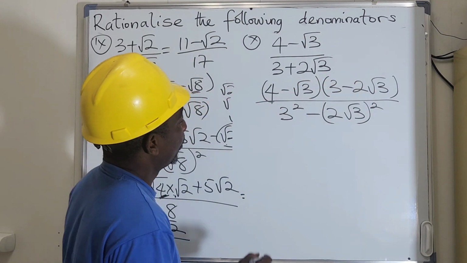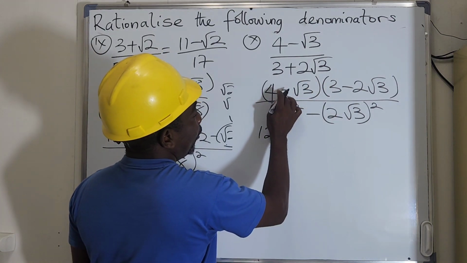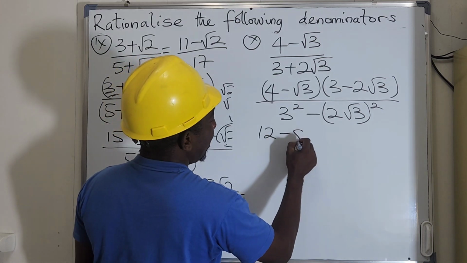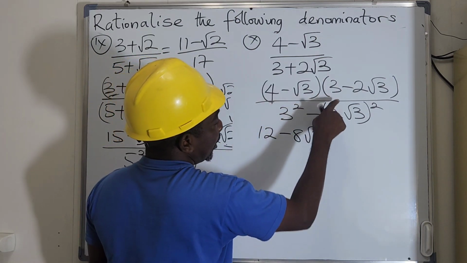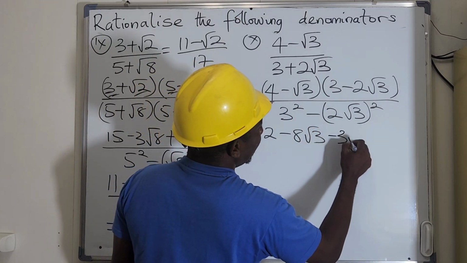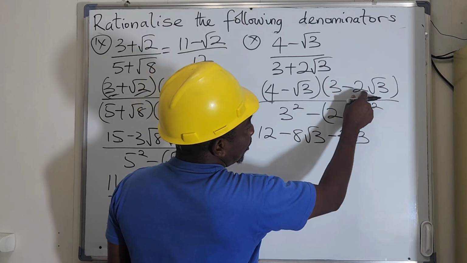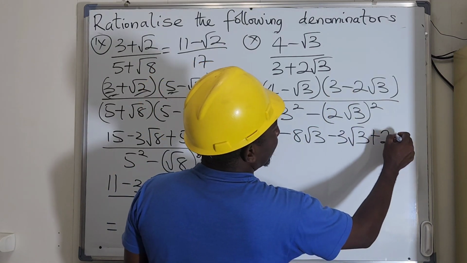Expanding this, we have 4 times 3, which is 12. Then 4 times minus 2 root 3 gives minus 8 root 3. Then minus root 3 times 3 gives minus 3 root 3. Then minus root 3 times minus 2 root 3 gives plus 2 times 3.